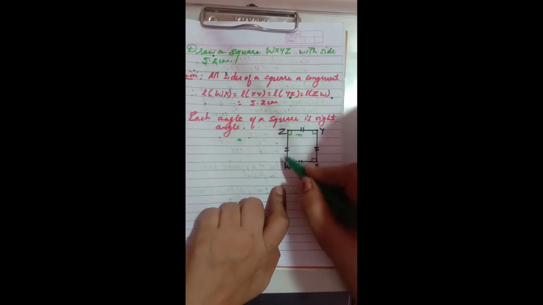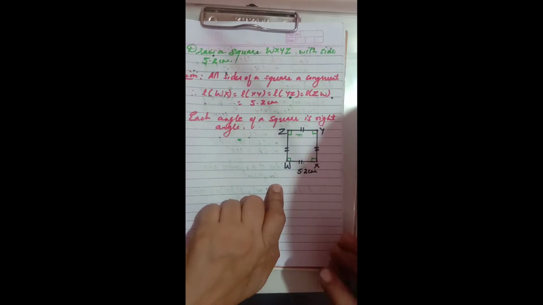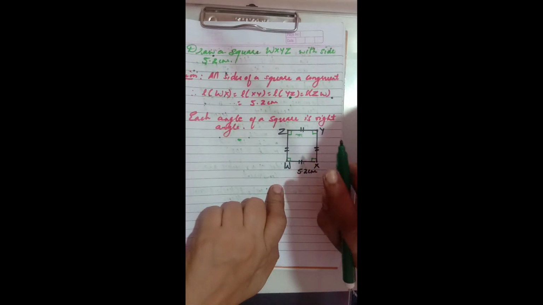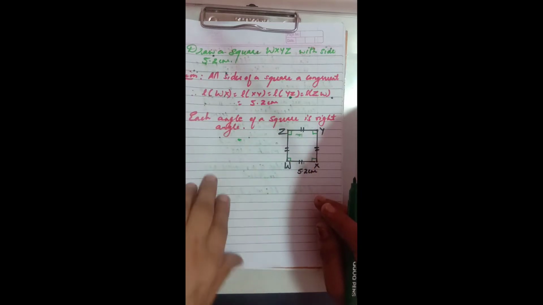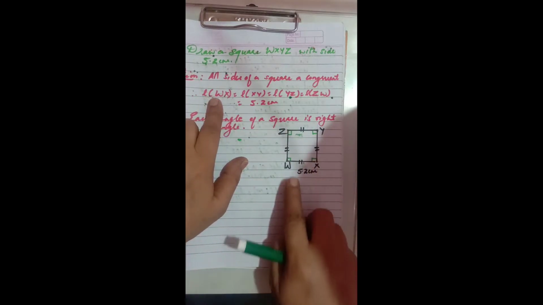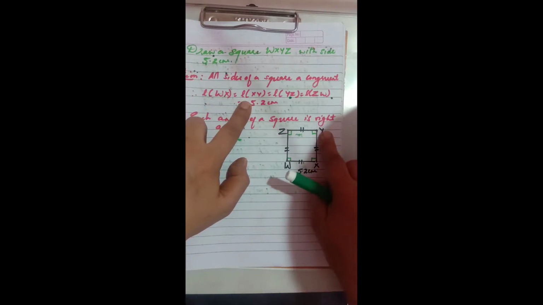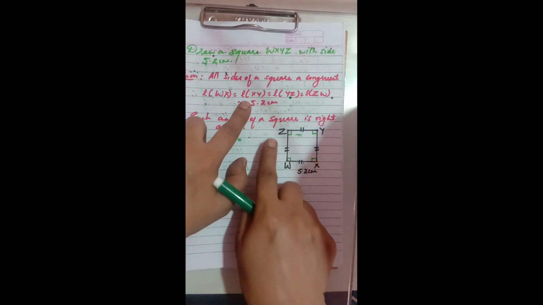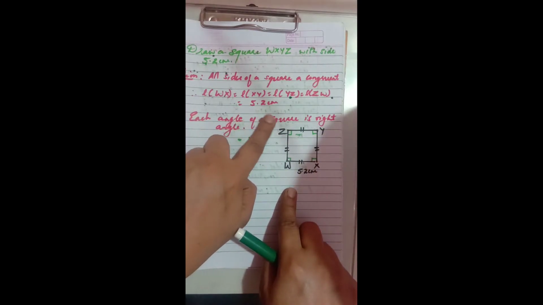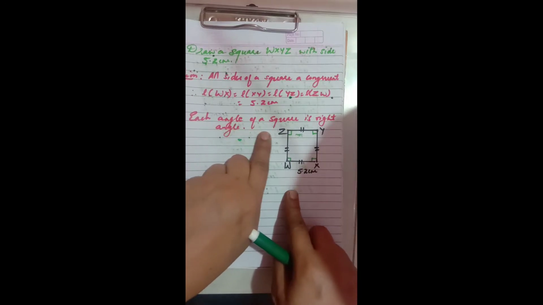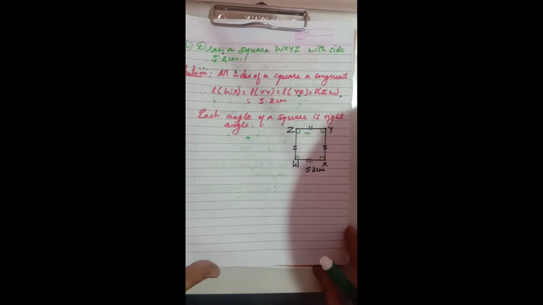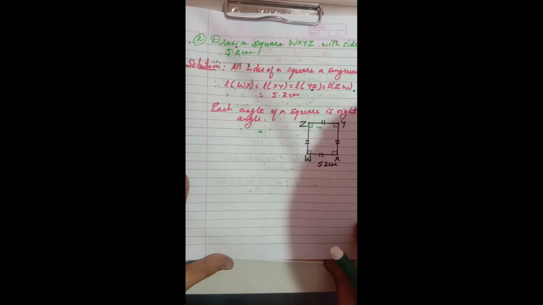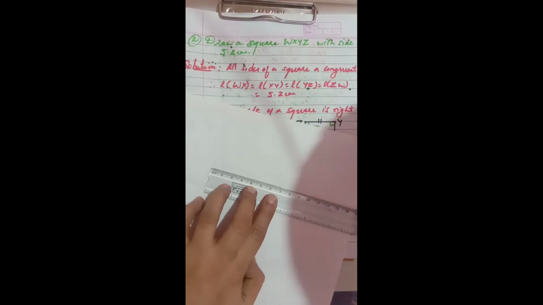So this also will be, we have shown with a symbol that all sides of a square are equal. Length of WX is 5.2, equal to length of XY, length of YZ, and length of ZW, that is all 5.2, and each angle of a square is a right angle.